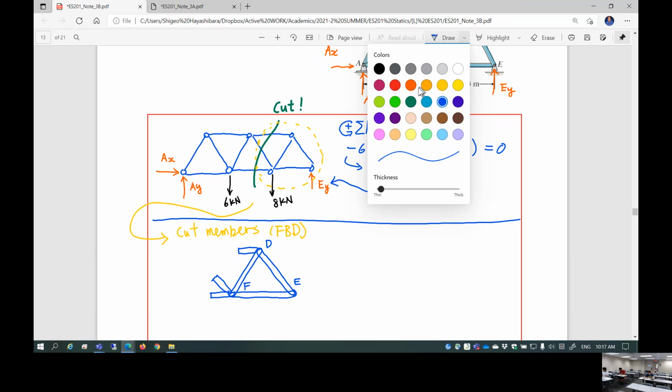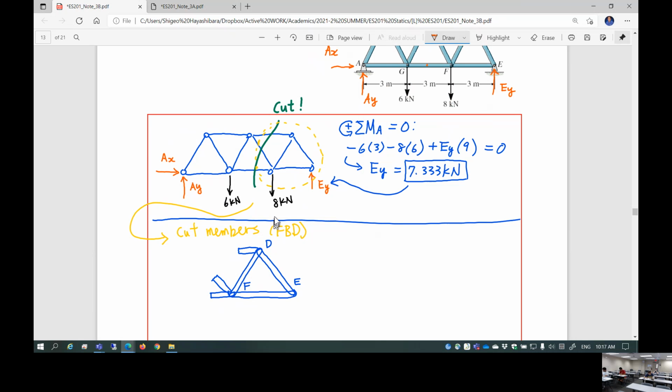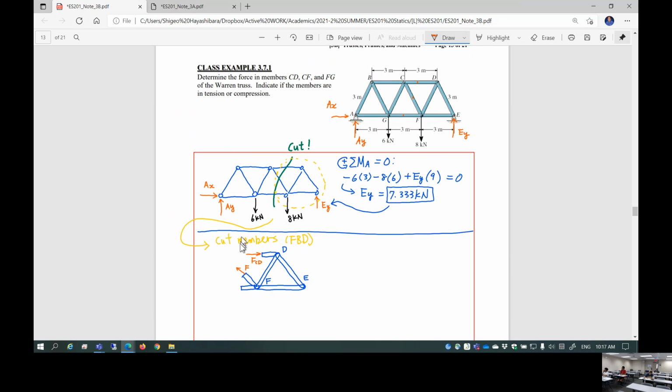And then obviously internal loading is going to be developed. This is internal loading, which is unknown. This is internal loading. Let's call this FCD. And this is internal loading. This is FC.